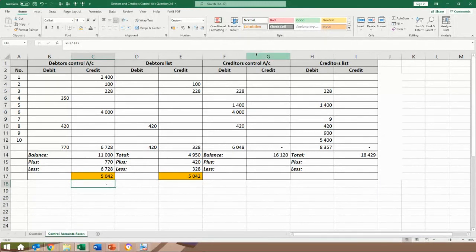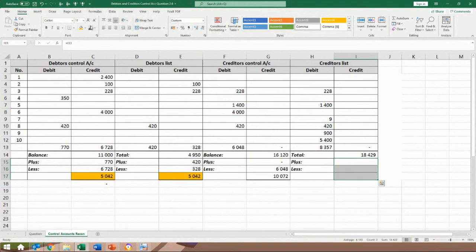Then on the creditors control account, we know that creditors increase on the credit side. So we would add the credit side and subtract the debit side. In this case, the credit side had a 0 amount, the debit side had 6,048 Rand. To get to the new balance, we would take the 16,000, add 0, and subtract the 6,048 to get to a balance of 10,072 Rand.